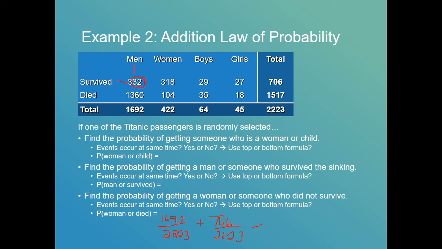Then we're going to subtract that from that 332 divided by 2,223, and that would be the probability of getting a man or someone who survived the sinking. So this is for this second question, the red writing at the bottom. Let me clear this off.